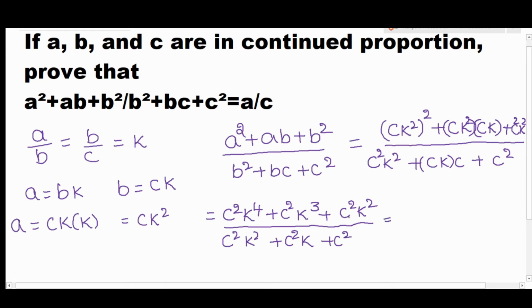So you can see in the numerator, I can remove c square k square as common. What remains now? We get k square plus k plus 1.